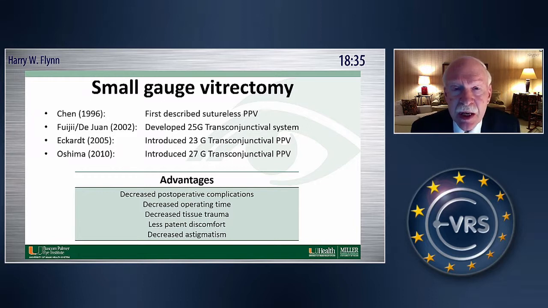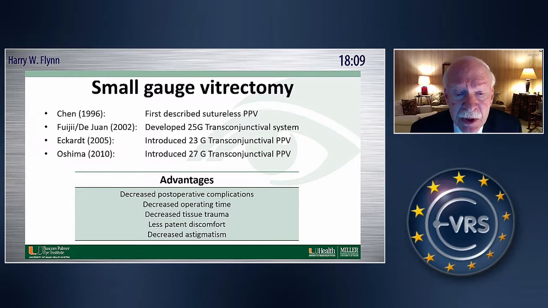The history of small gauge surgery: back in 1906, it was described; in 2002, the 25 gauge vitrectomy; in 2005, 23 gauge transconjunctival vitrectomy; and Oshima, in 2010, introduced 27 gauge vitrectomy.